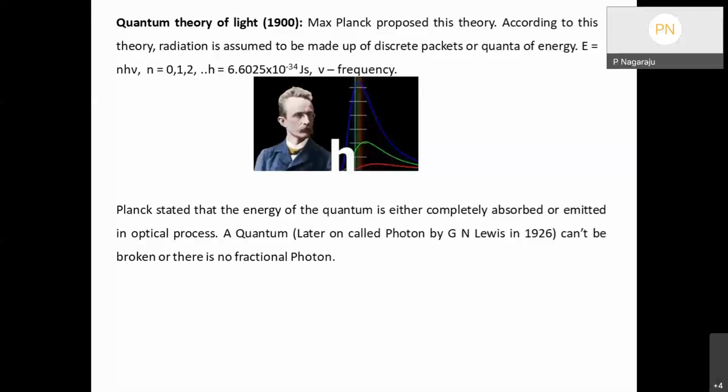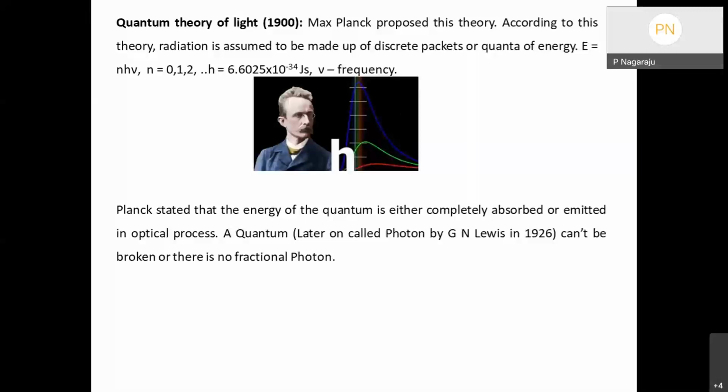Rayleigh-Jeans and Wien's law were based on the electromagnetic wave theory. Wien's law explained the black body spectrum at lower temperature and smaller wavelength, but it failed to explain it at higher temperature and longer wavelength.